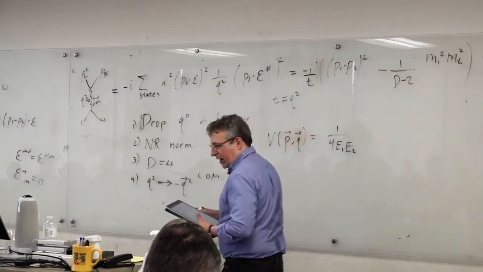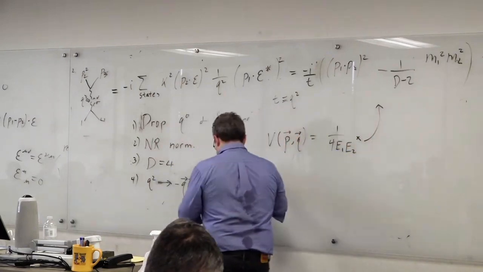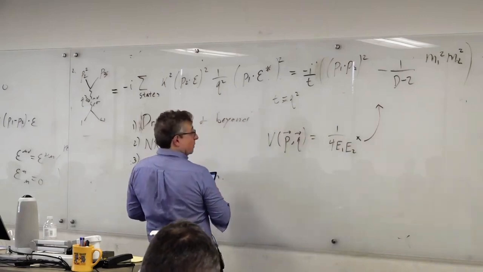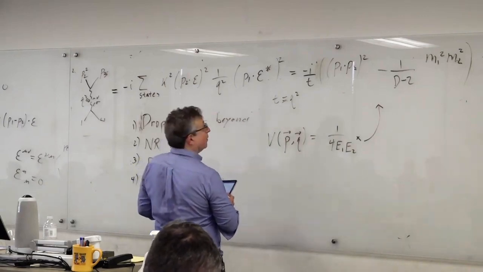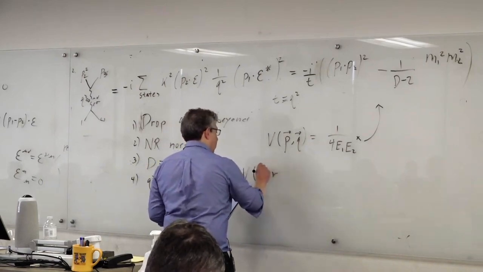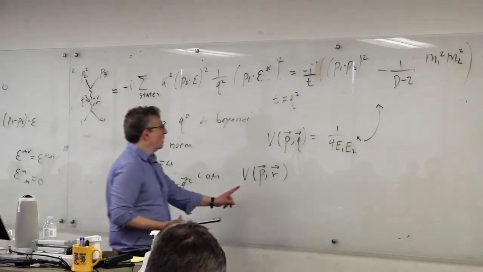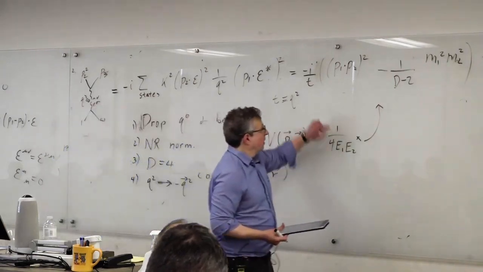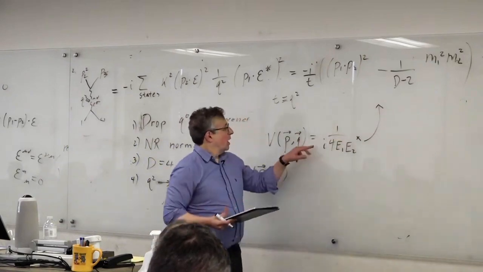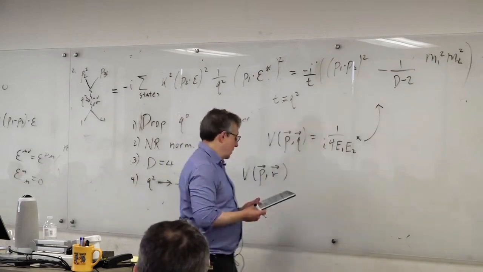Maybe let me write it out. Times this thing. So if I'm careful with my signs, which I'm not sure I was, this gives V of P and R, the Fourier transform of, well, let me divide this by i, this times that.